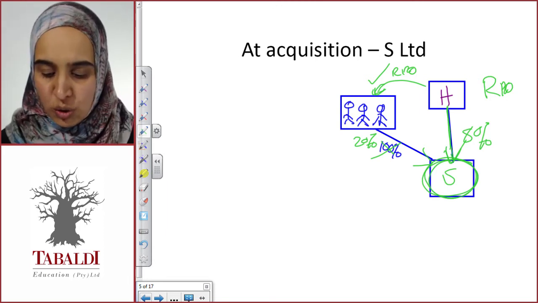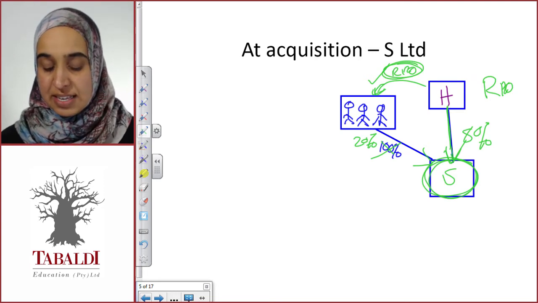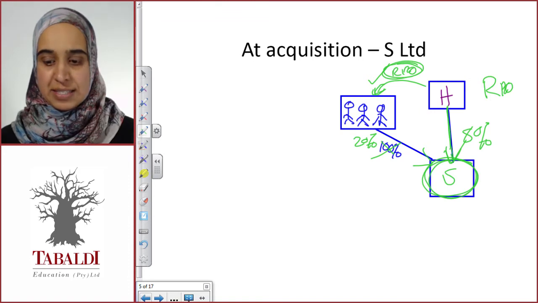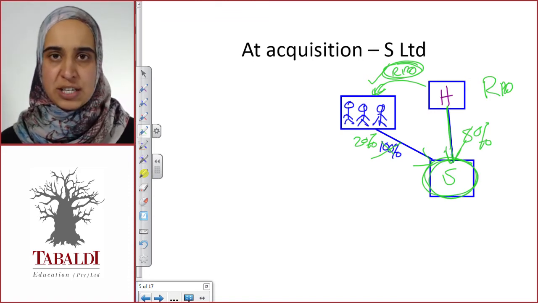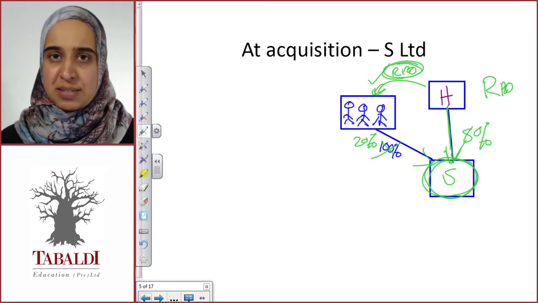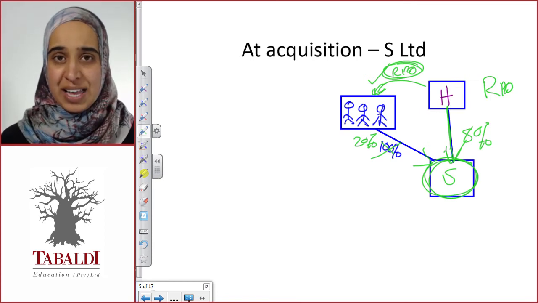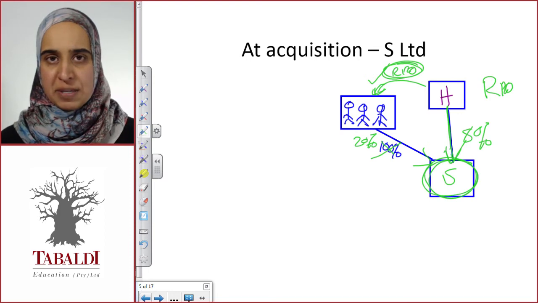Now I just want us to talk a little bit about this price here. When H purchases these shares from the previous shareholders of S, it is essentially purchasing their entire equity interest. So we're saying that we're purchasing only the shares, but they're not purchasing just the shares. They're purchasing the shares as well as any income and any reserves that S has incurred up until that date.